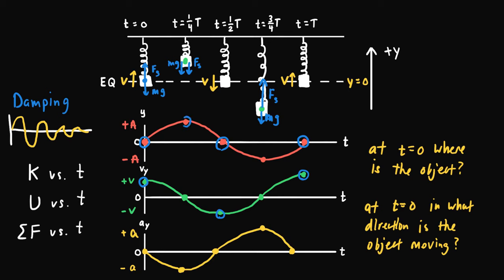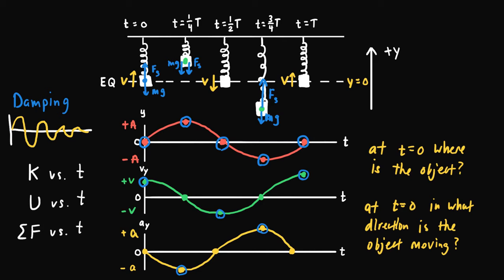So at maximum displacement, here and here, I'm seeing the maximum acceleration, whether it be negative or positive. And so those are the kinds of relationships that you should be looking for, and those are the types of things that will really help if you're asked to use one graph to produce the other two.